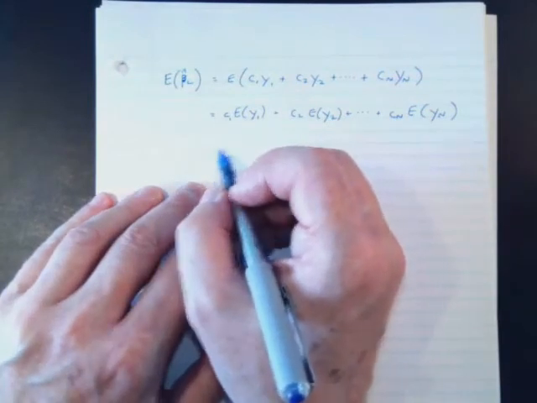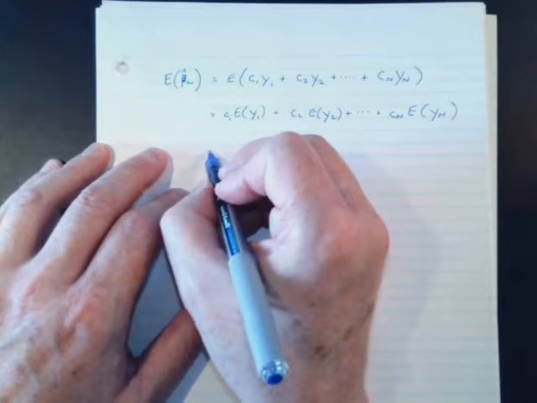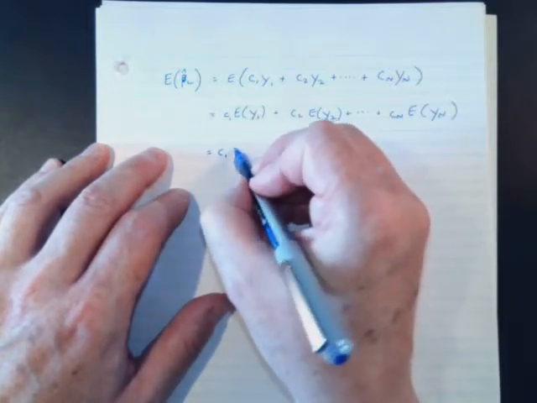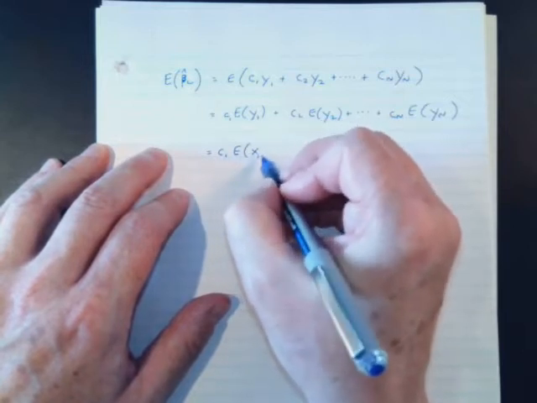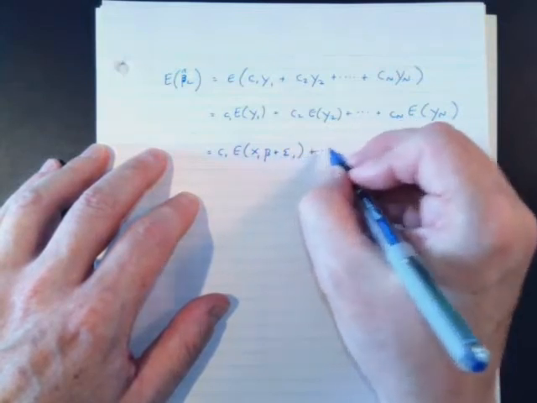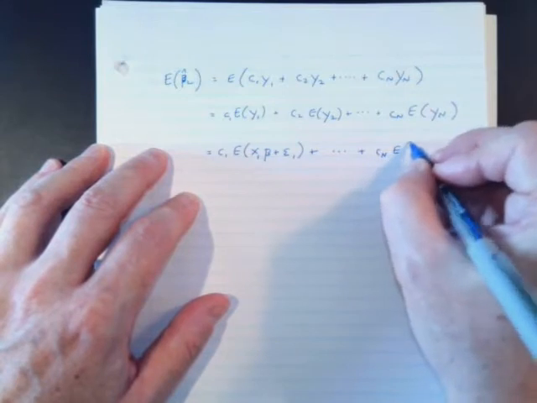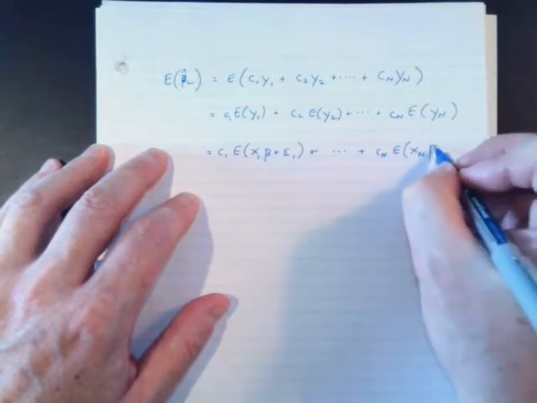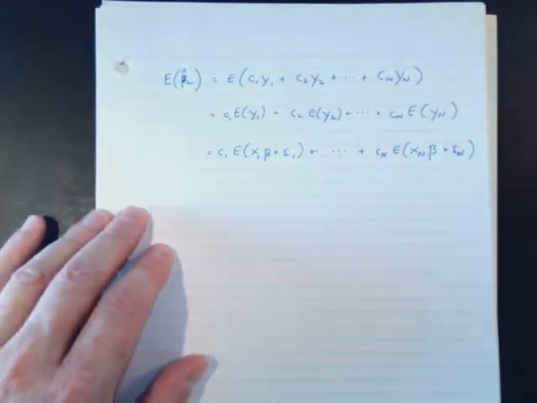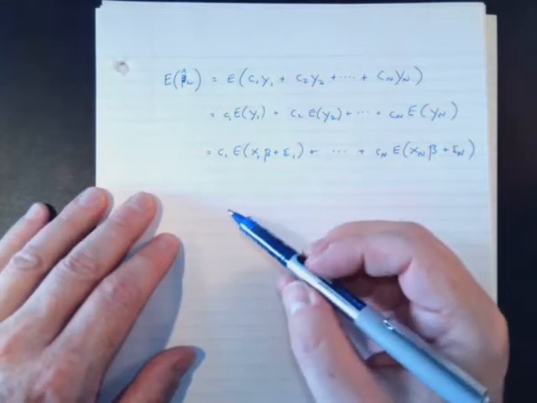Now each of these y's is x beta plus epsilon, so it's c1 times the expected value of x1 beta plus epsilon 1 plus so on, cn times the expected value of xn beta plus epsilon n. So we just plugged in the definition of our simple regression model there.